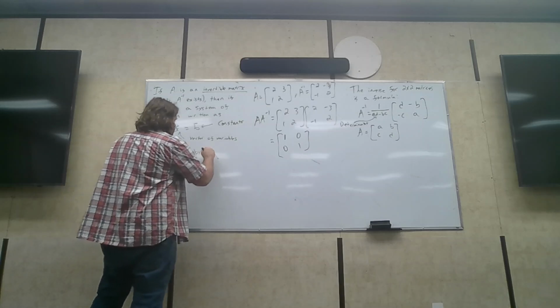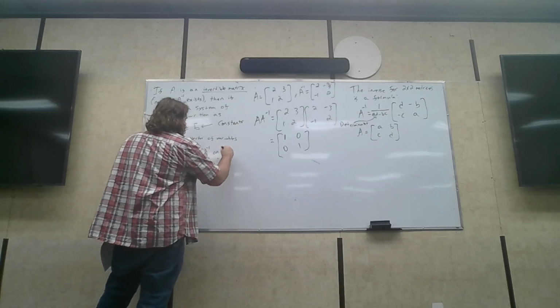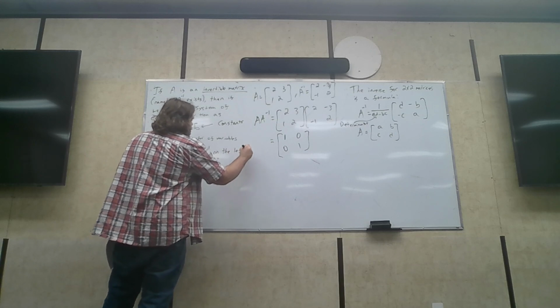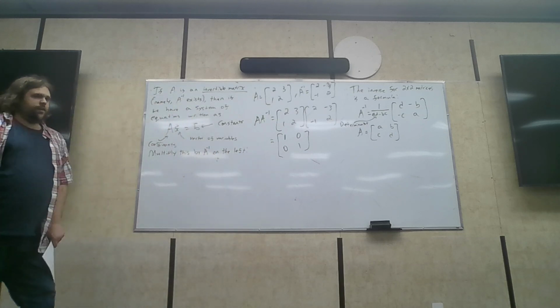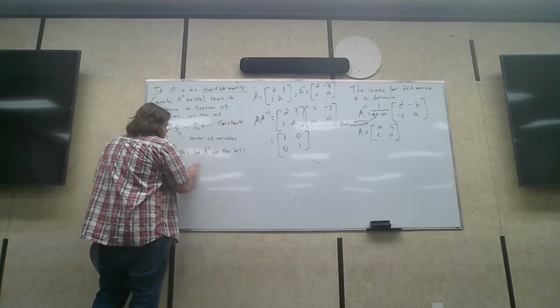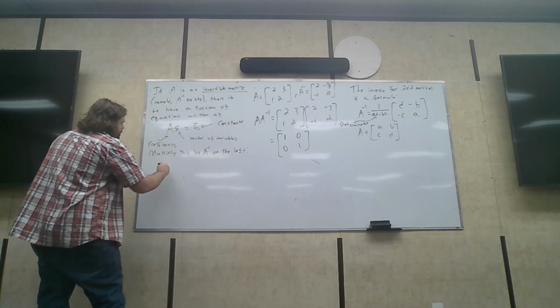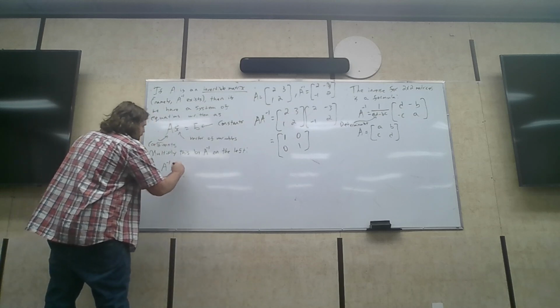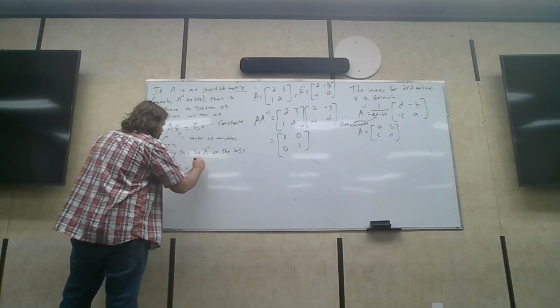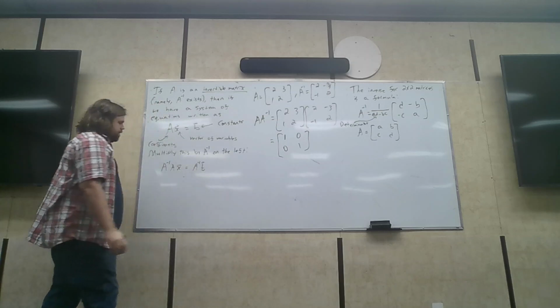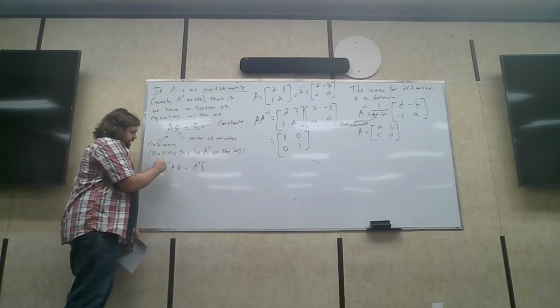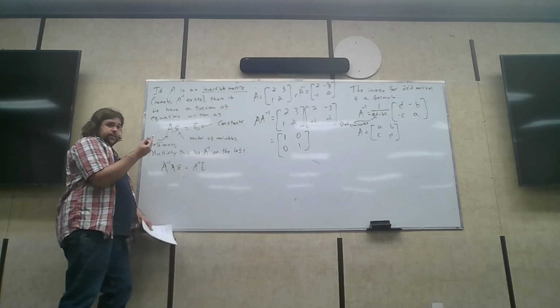So multiply this equation by A inverse on the left, and this is an annoying part about linear algebra. You have to always specify that because multiplying on the right will do something different. So we're going to get A inverse times A times X is equal to A inverse B. These cancel out, right? This works how you would expect it to.